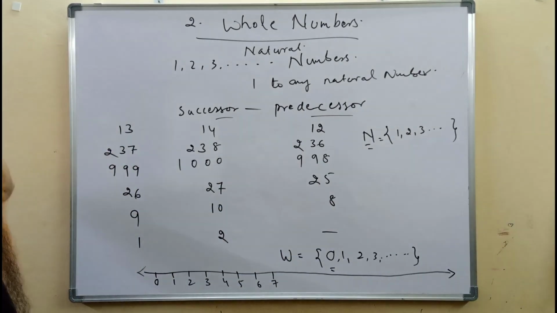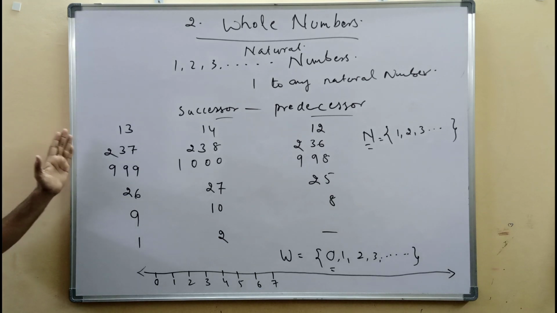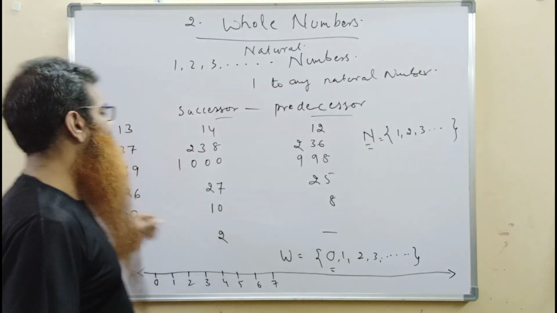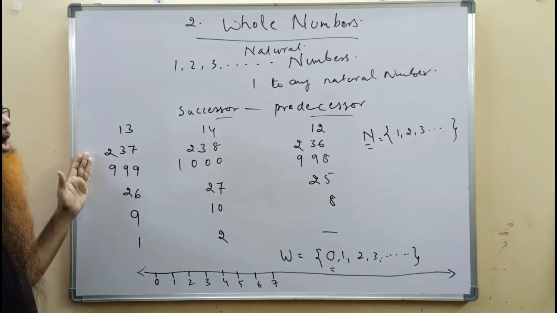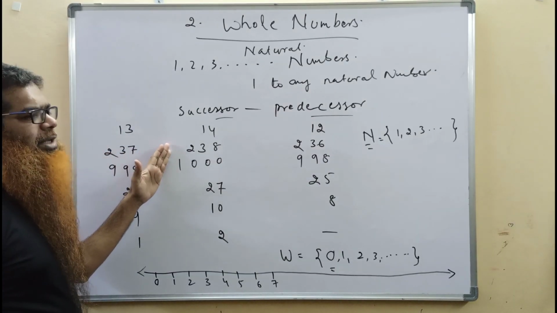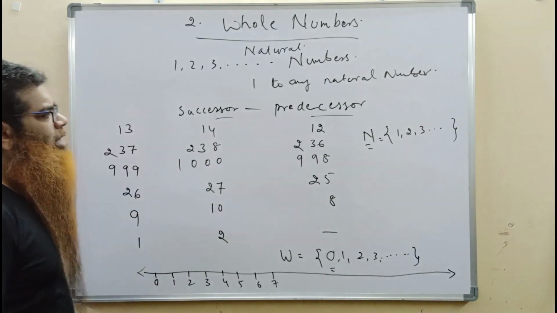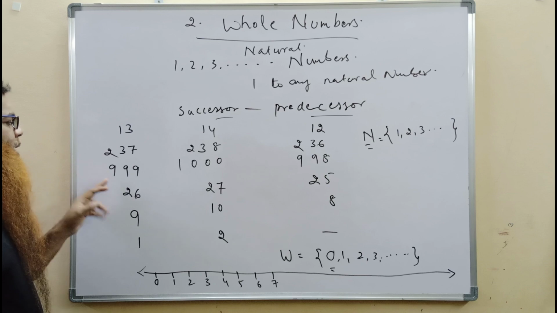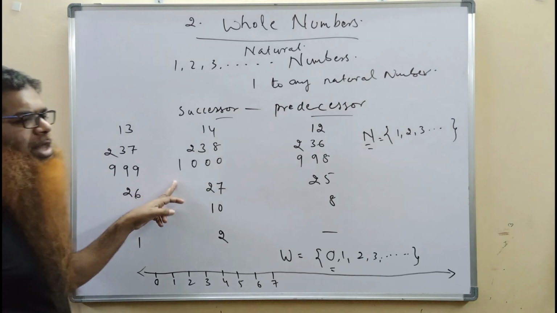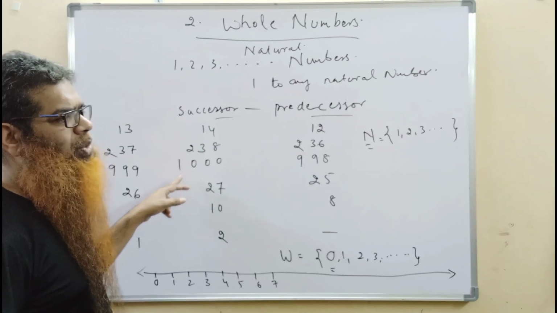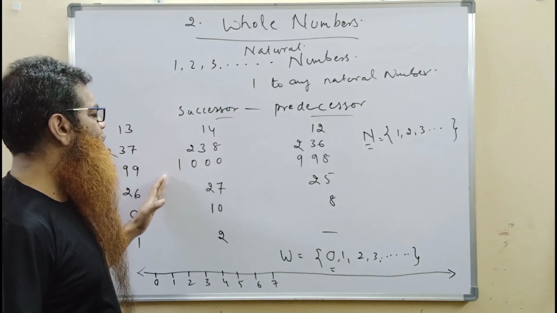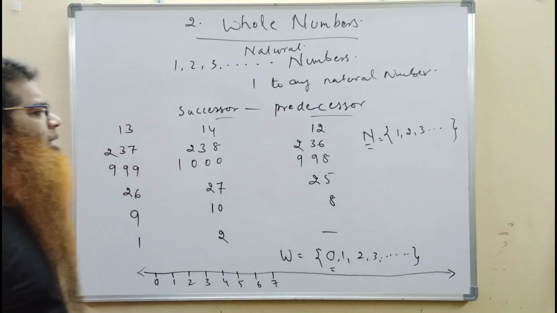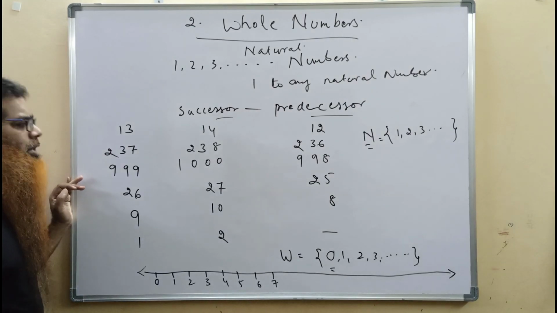If we see by examples, 13 has 14 as successor and 12 as predecessor. 237 has 238 as successor and 236 as predecessor. The largest three-digit number 999 has 1000, the smallest four-digit number, as successor, and 998 as predecessor.